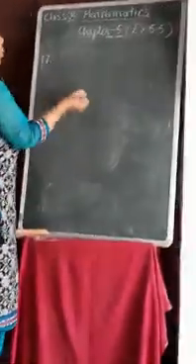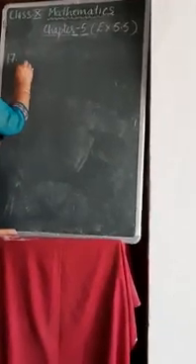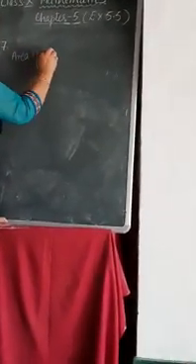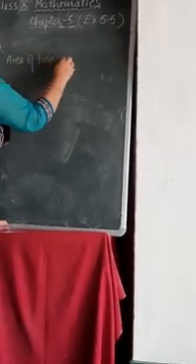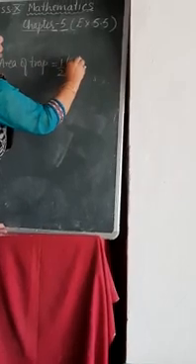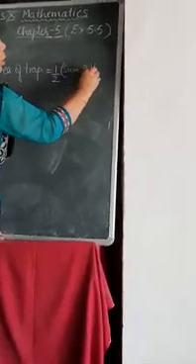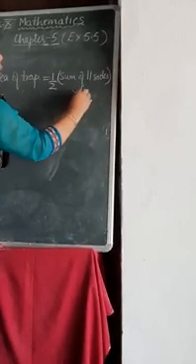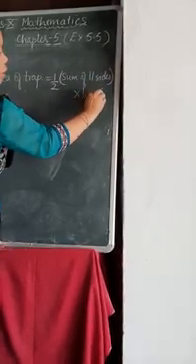So here first of all you should know the formula of the area of a trapezium. Area of a trapezium equals half the sum of parallel sides multiplied by height.